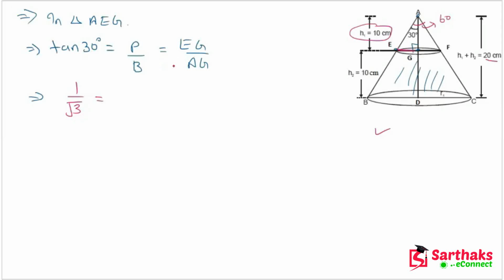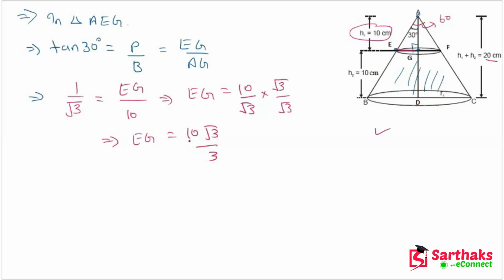Now EG is what we have to find, and AG is 10 centimeter. So EG is 10 upon root 3. We multiply root 3 in the numerator and denominator, so EG is equal to 10 root 3 upon 3 centimeter. I hope you understand these things.